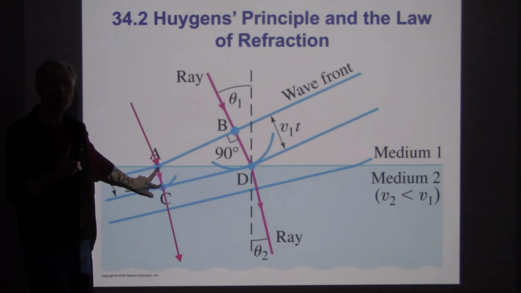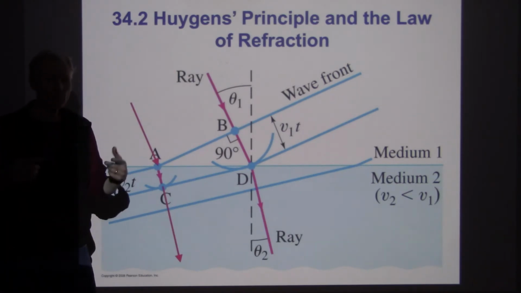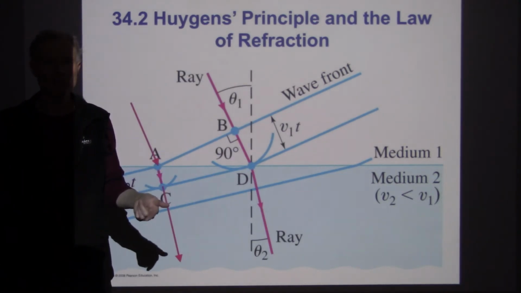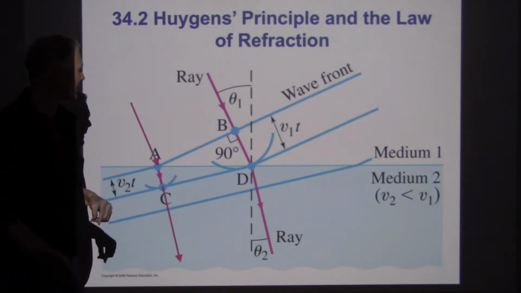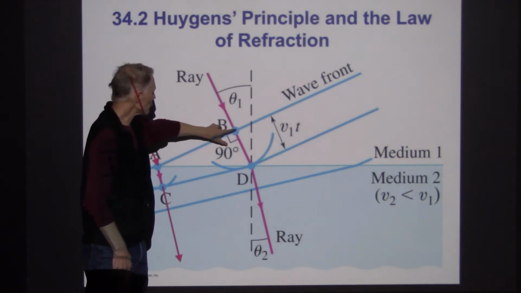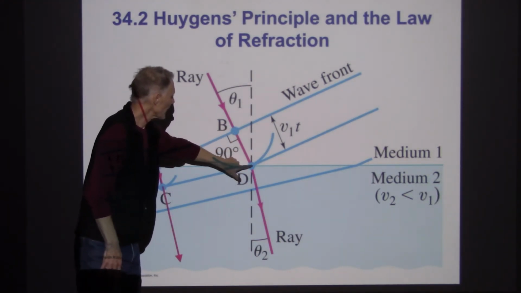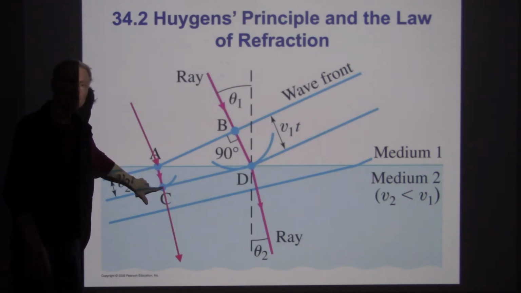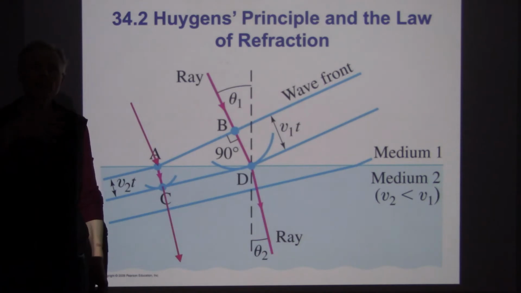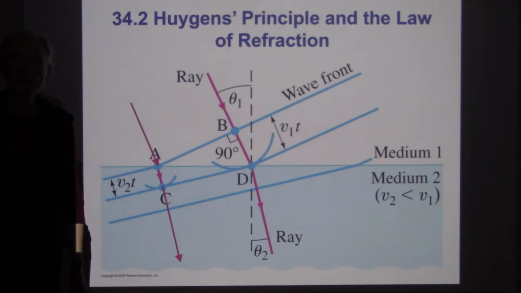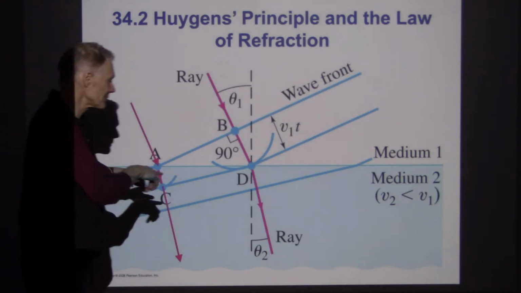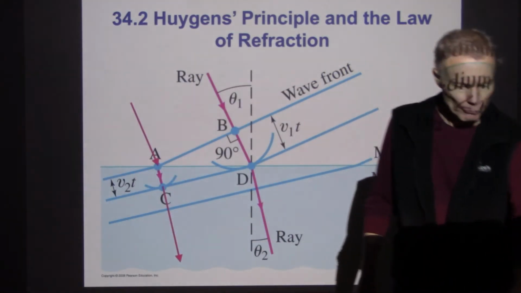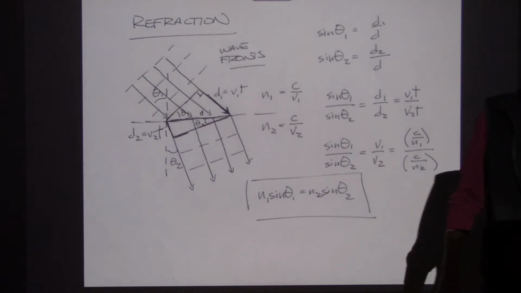But what we do know about those two sides is they both took the same amount of time. It took the same amount of time for light to travel from B to D as it took for this path of light to travel from A to C. So if I take into consideration all the different possible paths the light could travel, I predict the refraction effect. Let's see if we can come up with the formula from that, taking a look at that diagram.